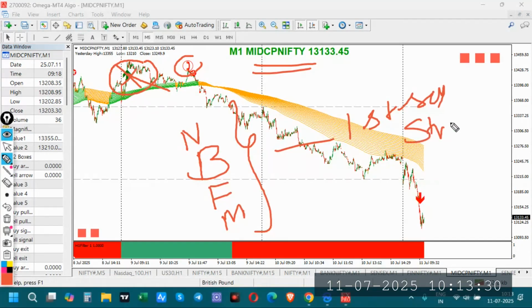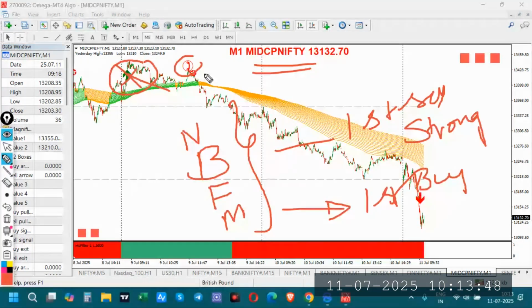That particular index is a weak index. And if these 4 are in sell, whichever index gives you the first buy signal is a strong index, and that will give you very good profit. So in this case, what has happened? Though Nifty, Bank Nifty, Fin Nifty went up, there was no buy signal from this one.